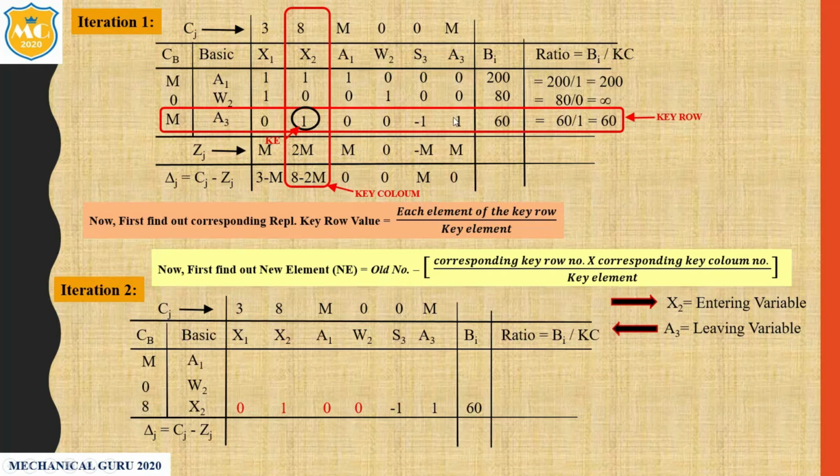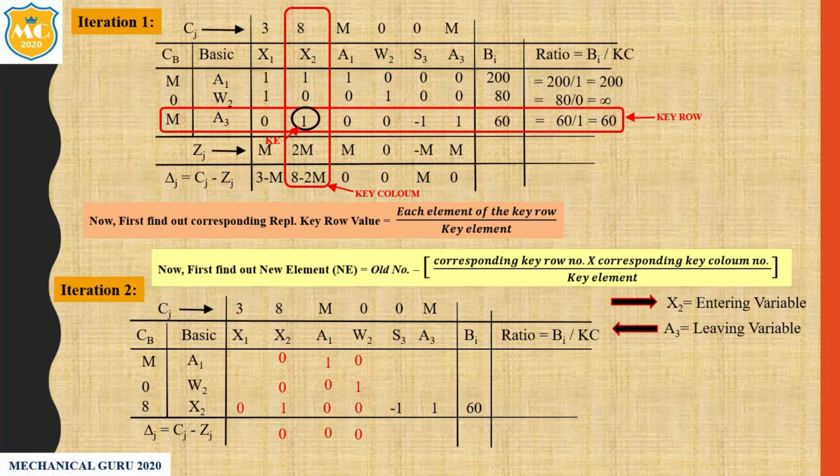This value just copy and paste in the key column value, that is the entering variable x2. So just 0, 0, 1 and 0 copy and paste in the x2 column. Okay, it's simple. Next a1. So in a1 the value 1, 0, 0, 0, just copy and paste as it is. Next w2, so w2 value 0, 1, 0, 0 as it is.